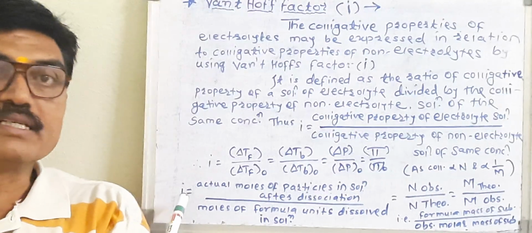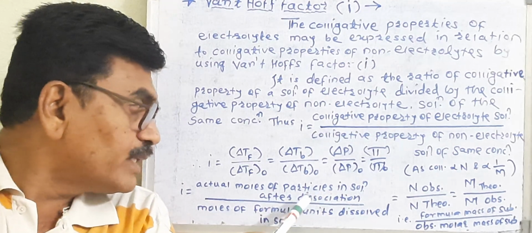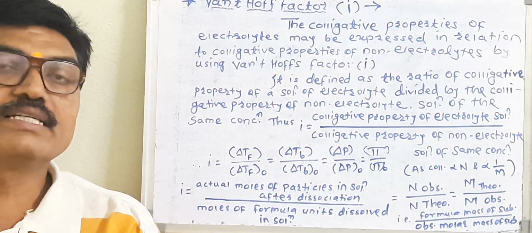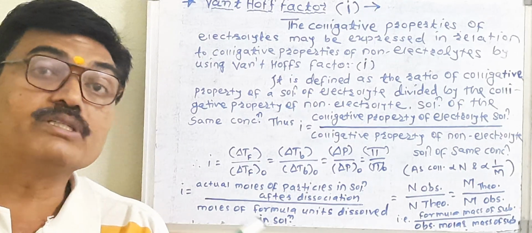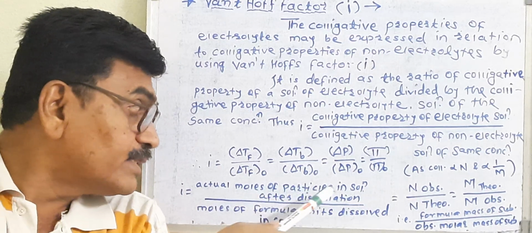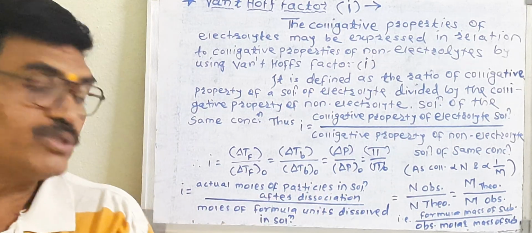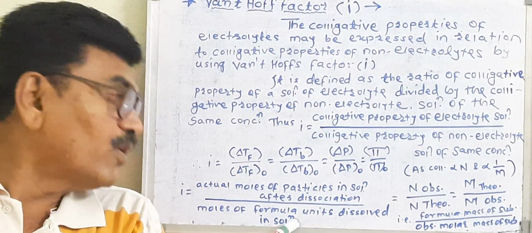Alternatively, this can be written like this. The Van't Hoff factor is the actual moles of particles in solution after dissociation, upon the moles of formula units dissolved in solution.